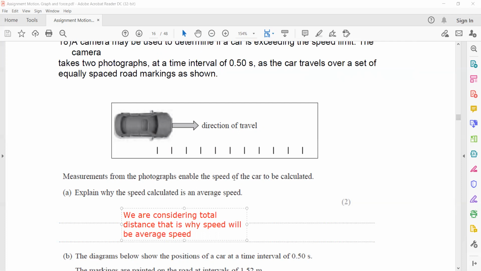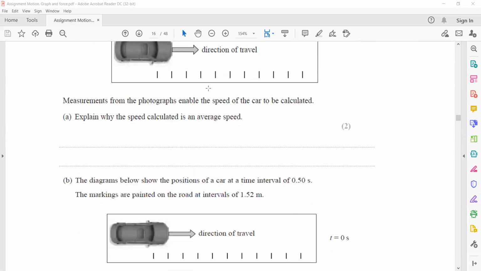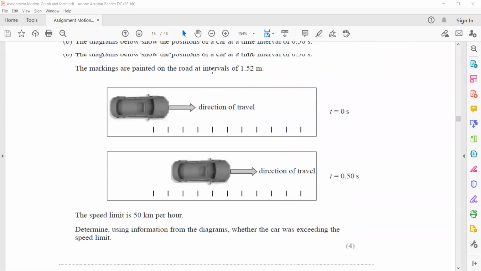But if we were considering a certain specific interval, a short distance or short time interval, in that case the speed would be the actual speed. Because we are considering the whole motion, the total distance, that's why it is an average speed.